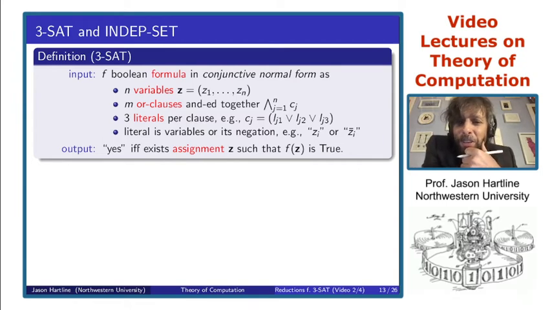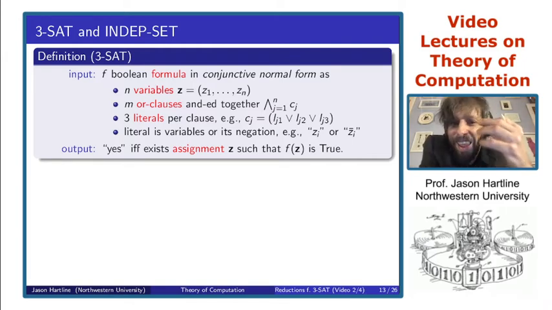So we're looking for assignments to variables that will make this formula true. If this is an AND of some OR clauses, then what does it need to be true? At least one of the literals in each clause must be true. Why?